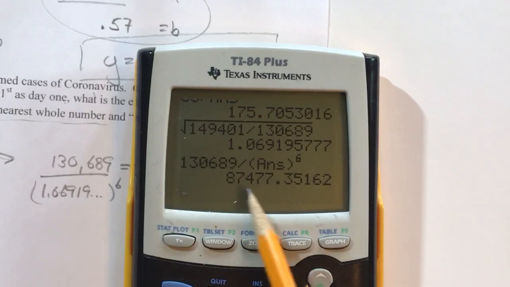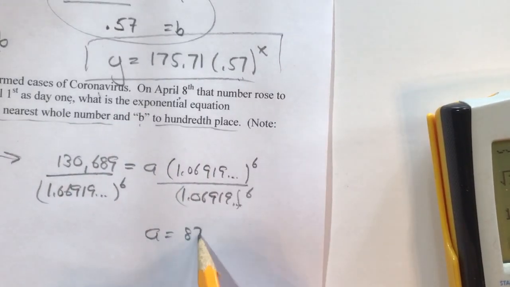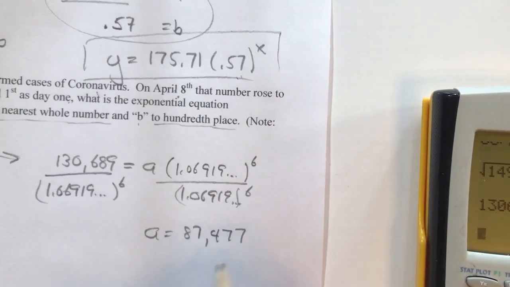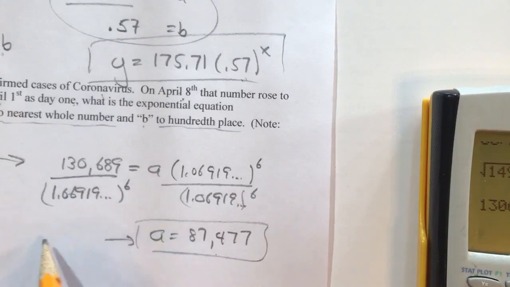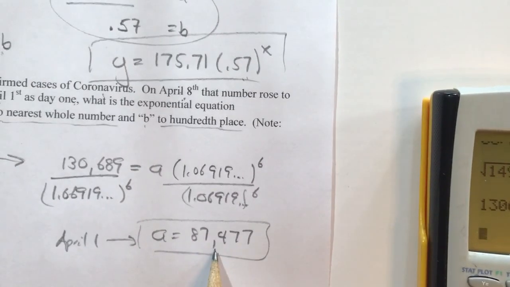And I want to round this off to the nearest person, so 87,477. In terms of what we just found, that means on April 1st, that's how many people had the coronavirus in New York State. Now, is that accurate? I don't know, probably not, but it's probably pretty close if you look it up.